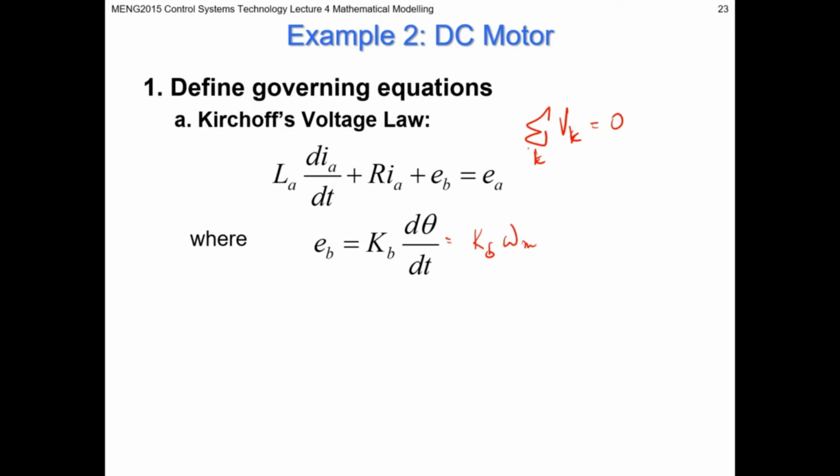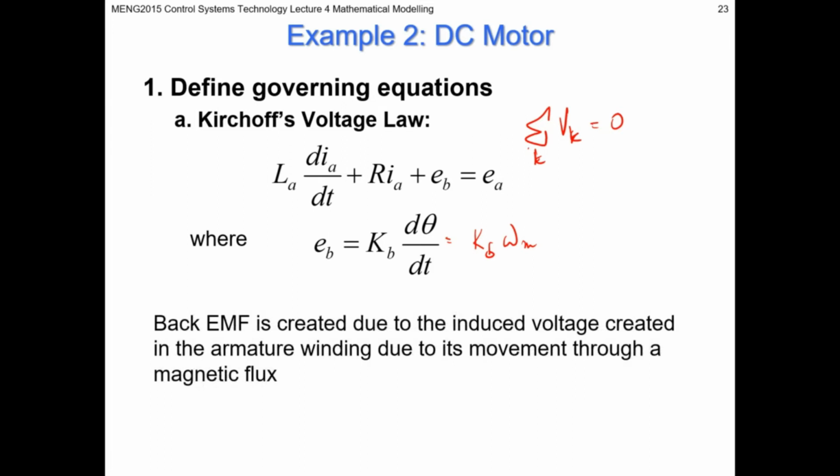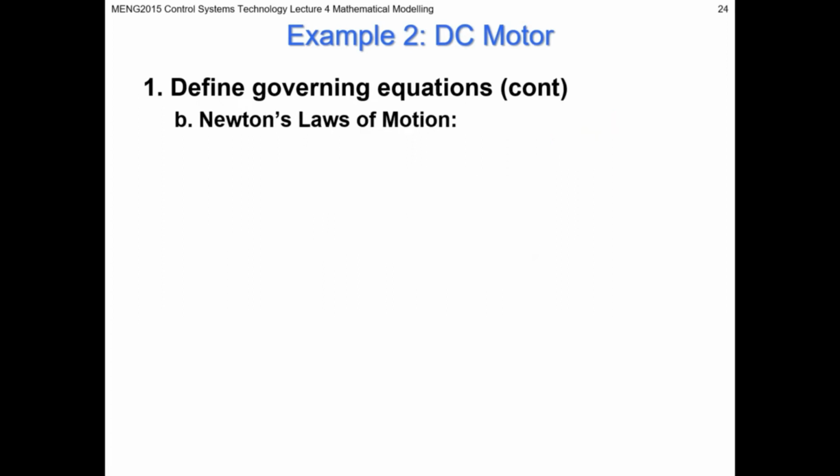Omega is rotational speed, theta is rotational position, so the first derivative of rotational position is rotational speed. We already said back EMF is created due to the voltage in the armature winding as it moves through the magnetic flux. We have our first statement there.